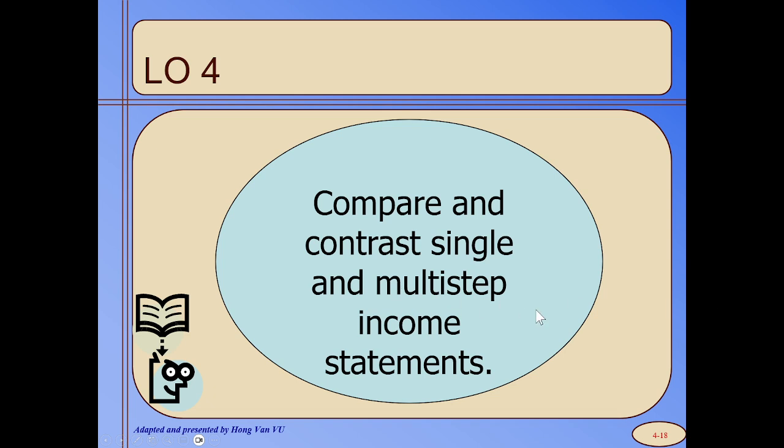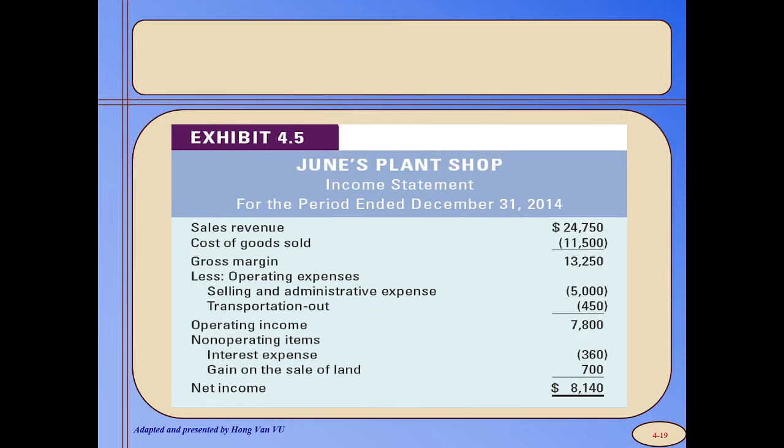So in this part, we compare and contrast single and multiple step income statements. What does it mean, the multiple step income statement? Here is the income statement at the end of the second year of the company. Notice that it is more informative than one which simply subtracts expenses from revenue.